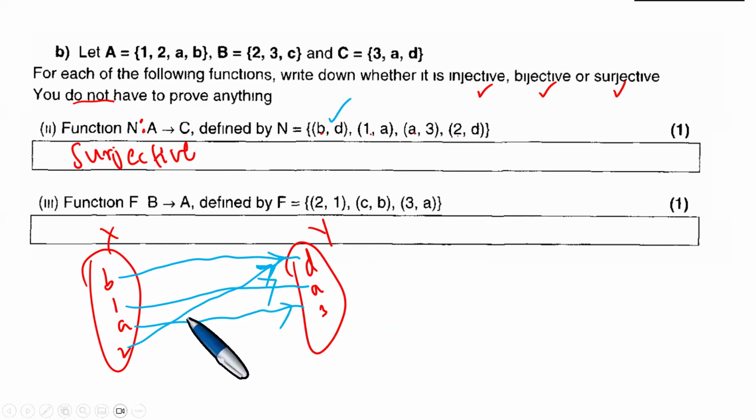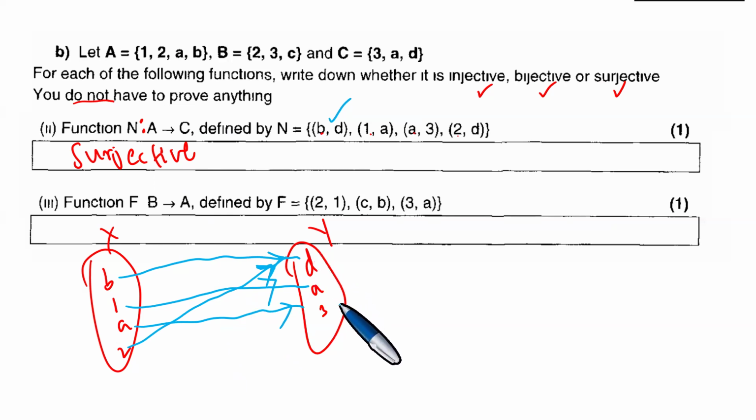So the question then is, what is the point of this? Well, what is the property of this function? We're able to see that this function here is a surjective function.